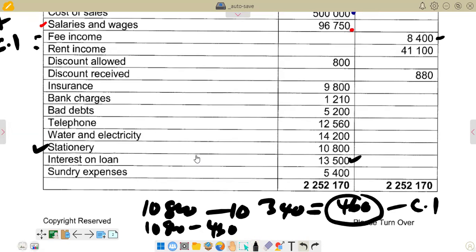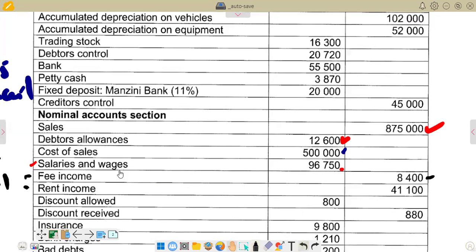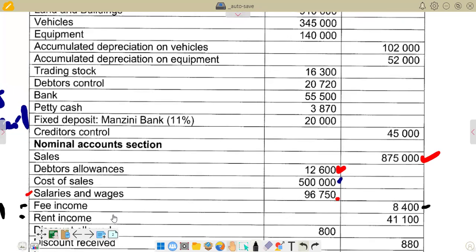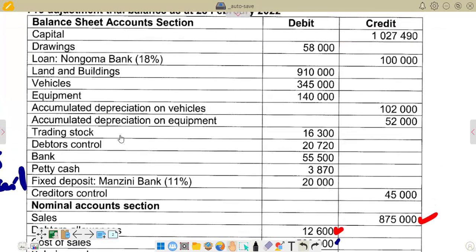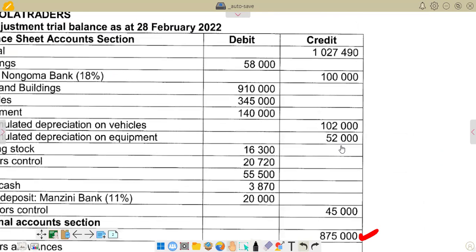So 18%, we go to the figure for loan. For loan, we've got 100,000. Your loan is here, 100,000.